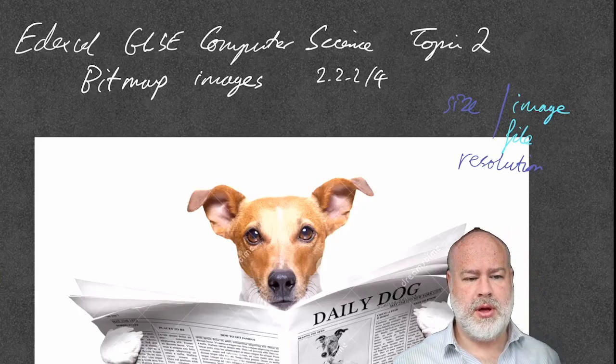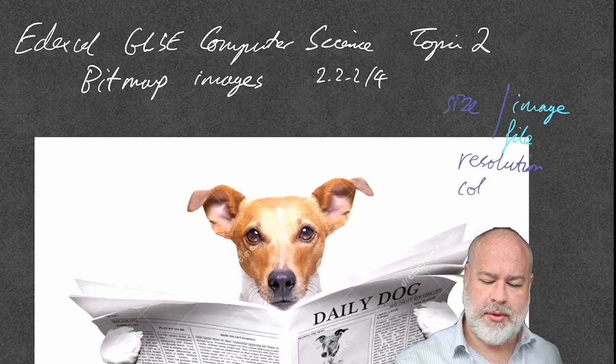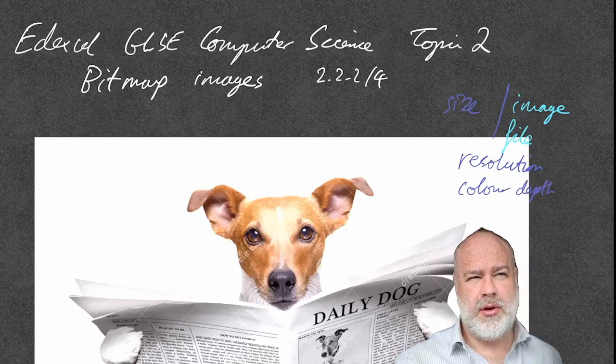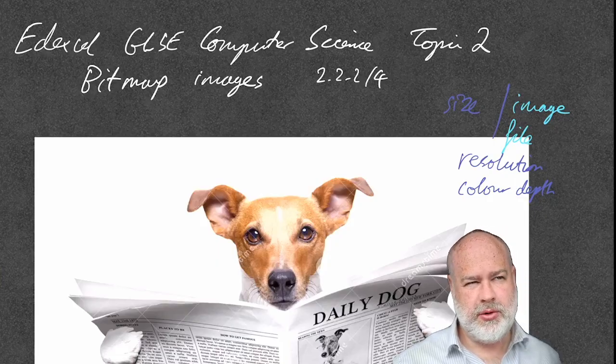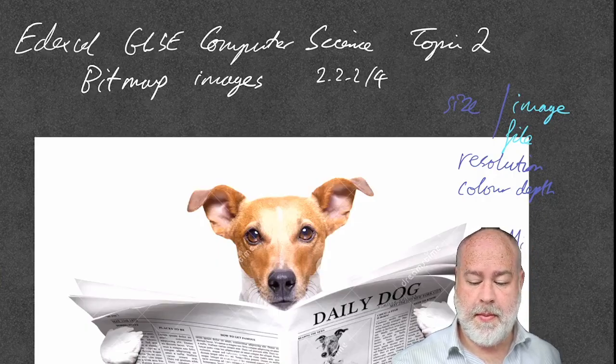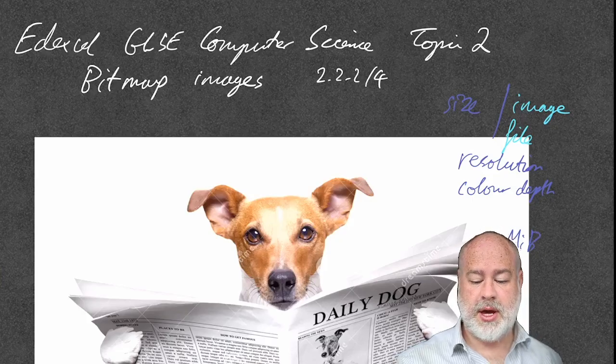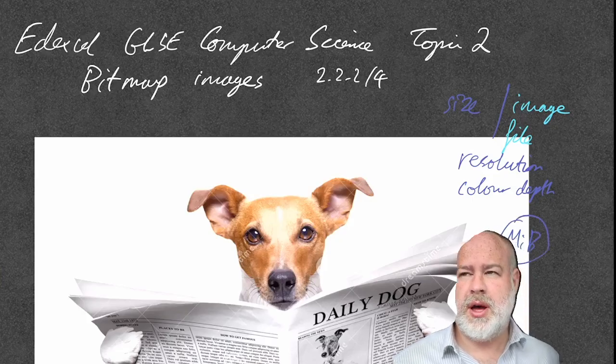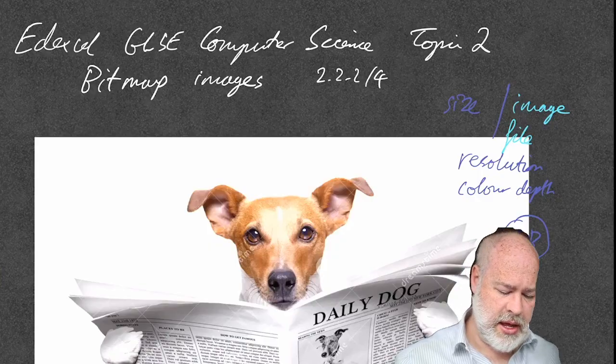Okay, and more vocabulary, color depth. So there's lots of words that you've got to be really careful of. And when you have questions on this in the exam, you're typically going to be dealing with conversion issues for megabytes. Okay, so we've got to know what that is. So we'll have a look at all those different things here.